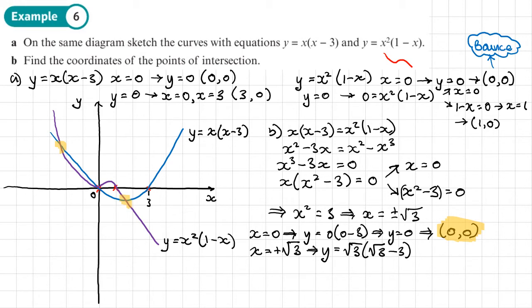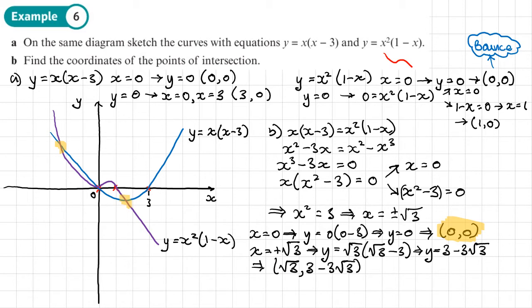So multiplying the brackets, that will give us y equals 3, root 3 times root 3 is 3, minus 3 root 3. So that gives us this coordinate. When x is positive root 3, y is 3 minus 3 root 3.